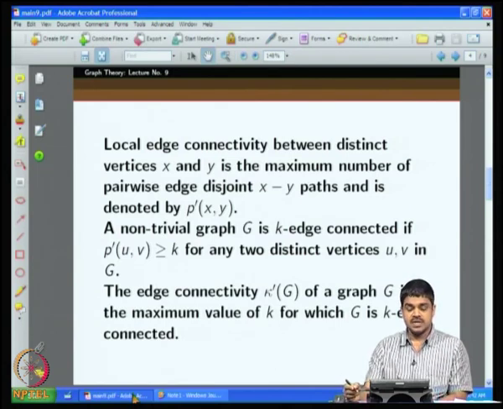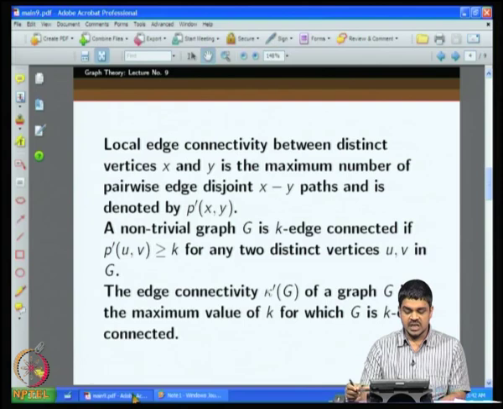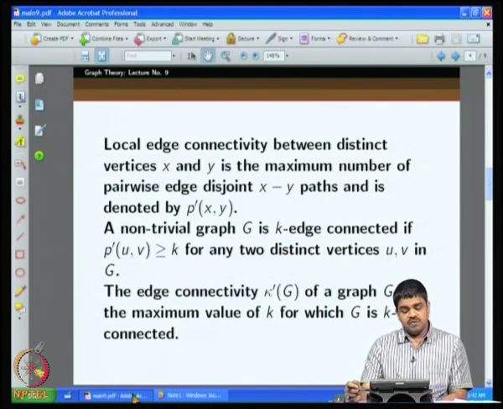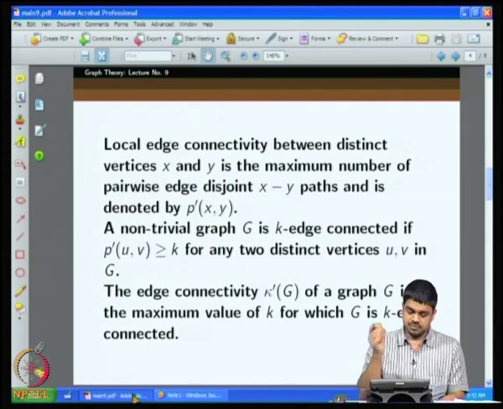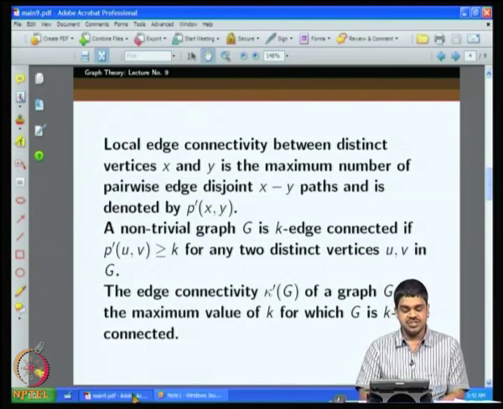Remember, p of xy denoted the local xy vertex connectivity, but p dash xy will correspondingly denote the edge connectivity between x and y. So, we will say that a non-trivial graph G is k edge connected if for every pair u v the local connectivity is greater than or equal to k, which means that you have at least k edge disjoint paths between any two vertices.